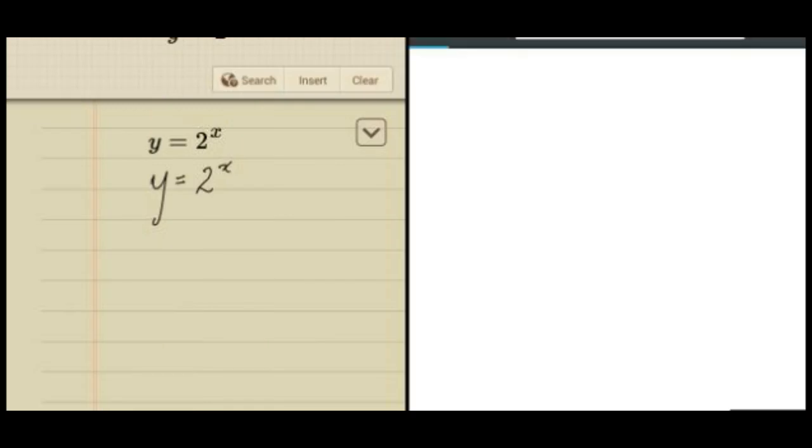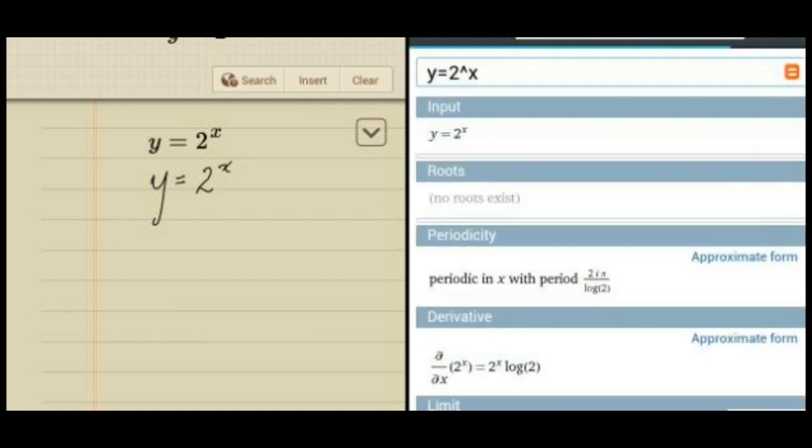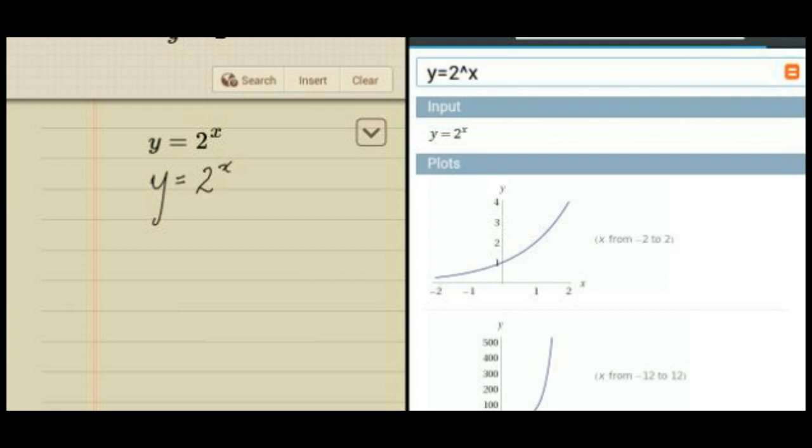Okay, so we could even look at it on another one. Here we have y equals 2 to the x. So let's see what that looks like. Y equals 2 to the x. So here it is.